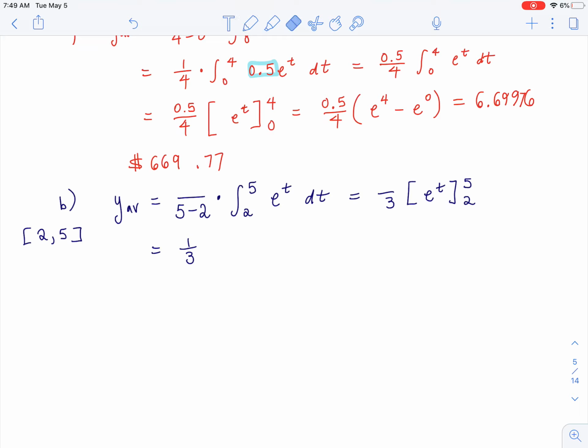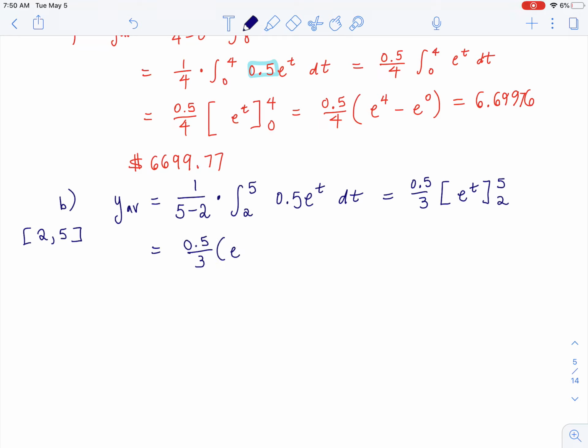So let me stick that 0.5 in here. I forgot that our function had a 0.5, and then I'll pull it out. So it's 0.5 over 3 times e to the 5th power minus e squared.